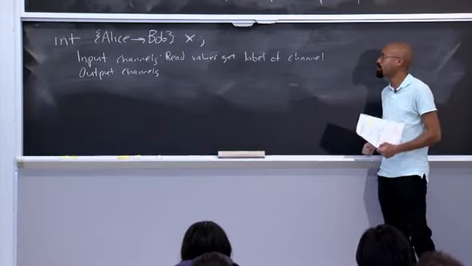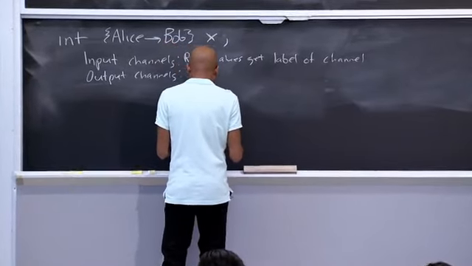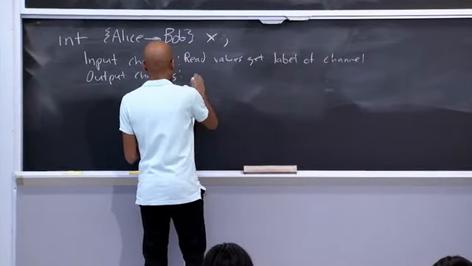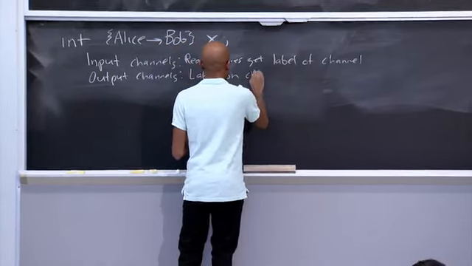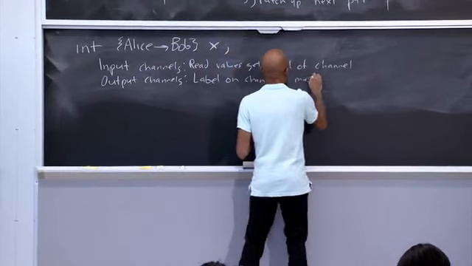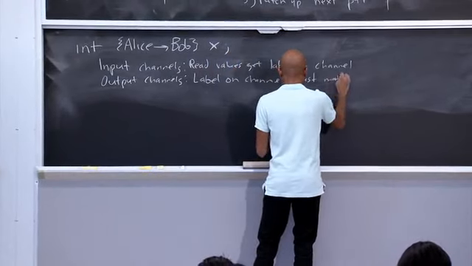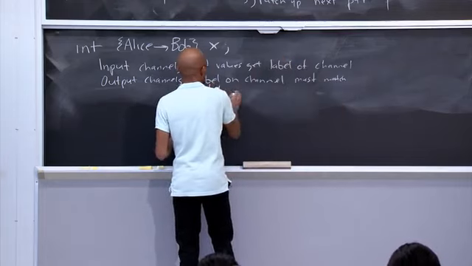But now you as the programmer get to choose what those labels are. And then for output channels, the label on the channel has to match some label on the value being written.